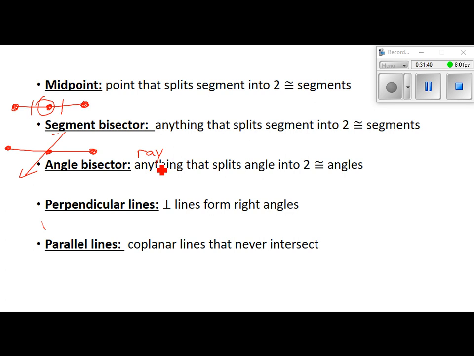Are they parallel? No. So don't forget, you've learned a little more this year than in the past. They have to be on the same plane. This metal strip going across this way, and this line on the floor going right by Jenna's foot, they're never going to intersect, but they're not parallel to each other.